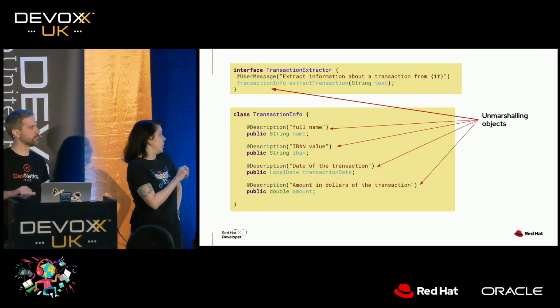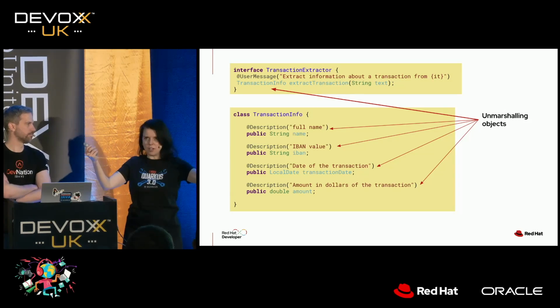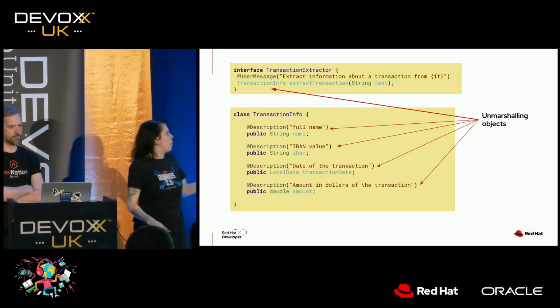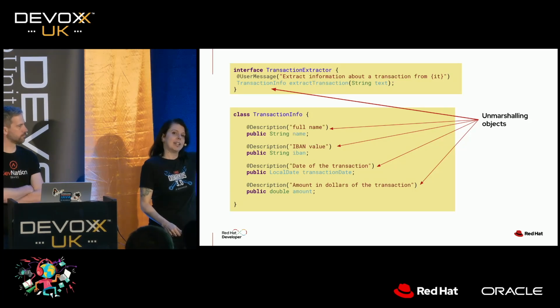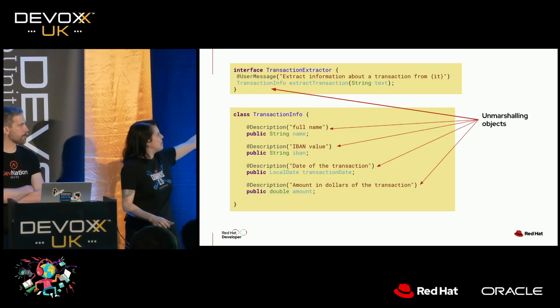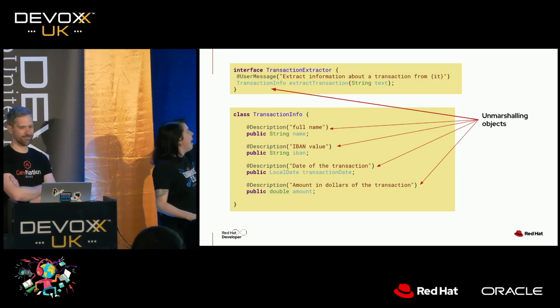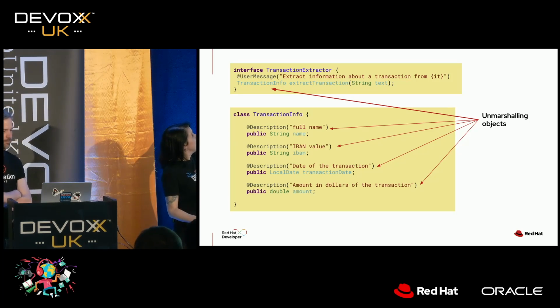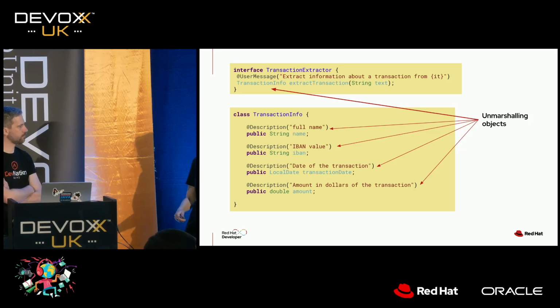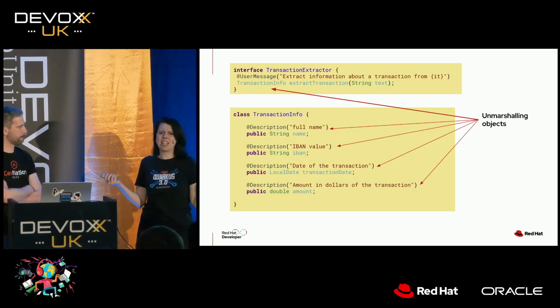The idea of the system message is very standard to all of the APIs. But because we're in Java, we can do much smarter things with our structured data. So here we're starting to see something that's getting to be a little bit kind of magic. My user message is "extract information about a transaction from this message," and it's not going to give me back a string, because what's my application going to do with a string?